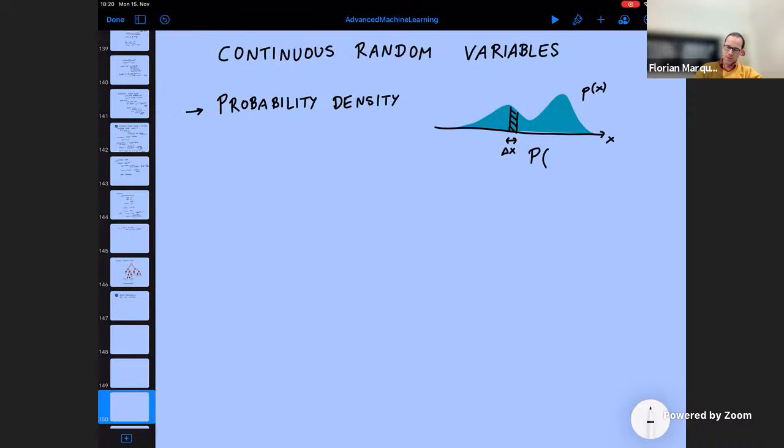So the probability of finding my random variable within a small interval is delta x times p of x. If delta x is large, this is only approximate, but if delta x goes to 0, this becomes perfect. So that's a probability density. And the question is now, what do we do when we want to discuss entropies for such probability densities?